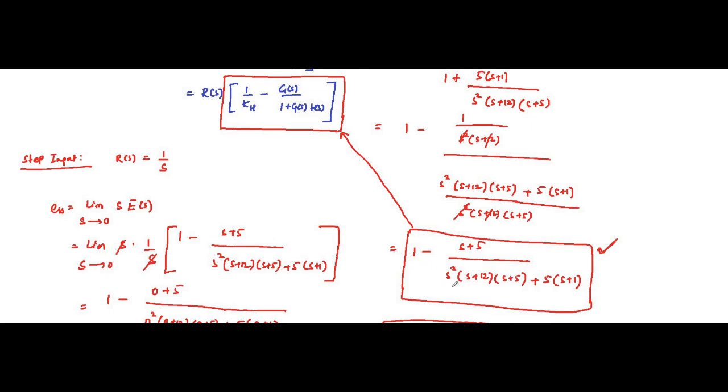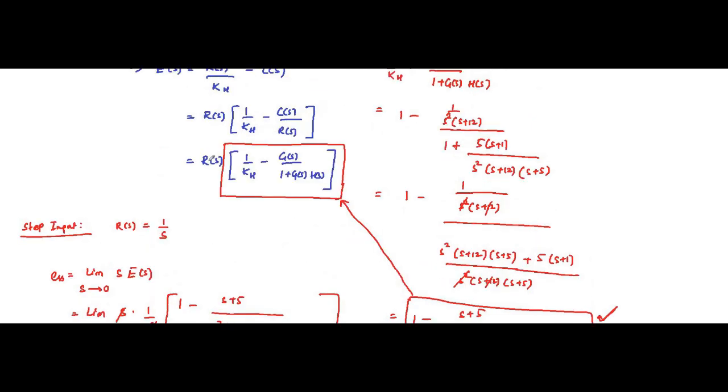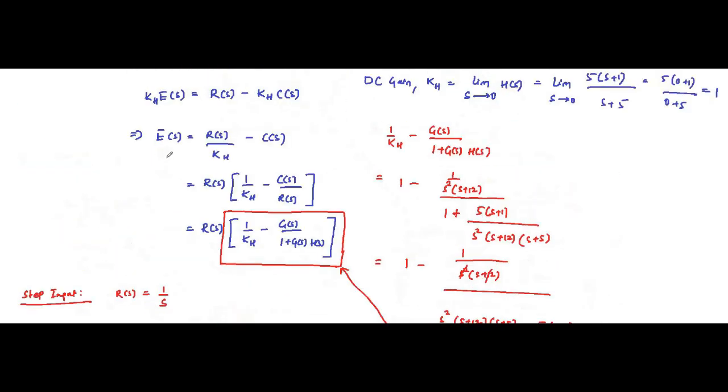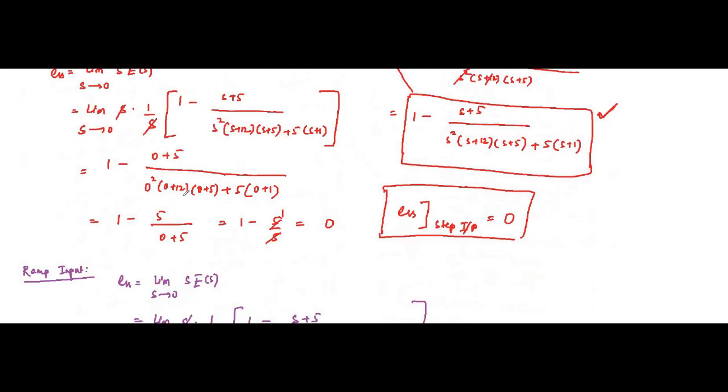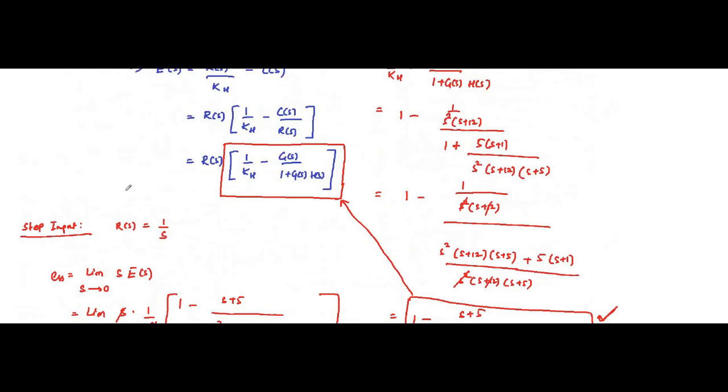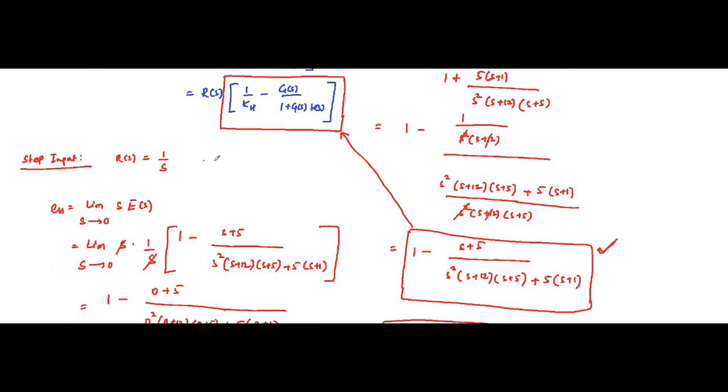First find out this common parameter, then you just have to substitute rs equal to 1 by s for step input, then find out the steady state error limit s tends to 0 s es, then again substitute rs with 1 by s square.